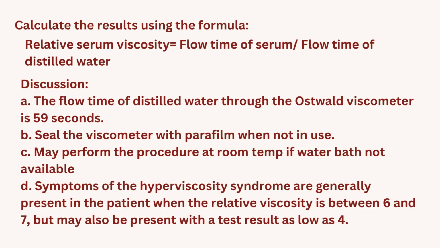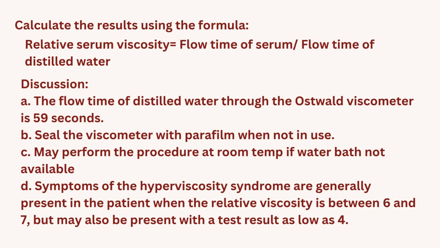The flow time of distilled water through the Oswald viscometer is 59 seconds. If not in use, the viscometer should be sealed with a parafilm, and the procedure may be performed at room temperature if a water bath is not available.